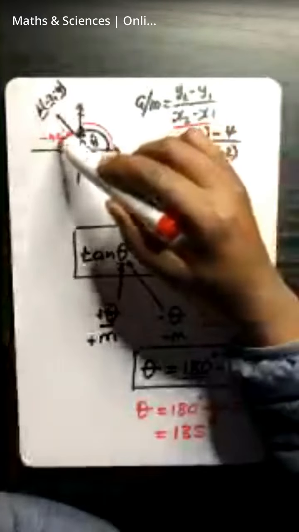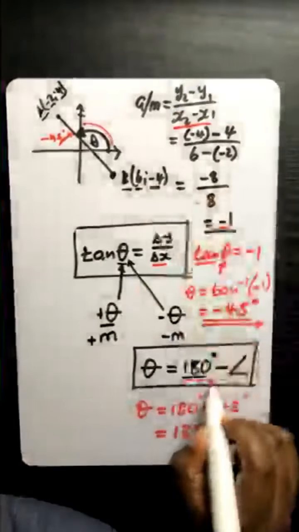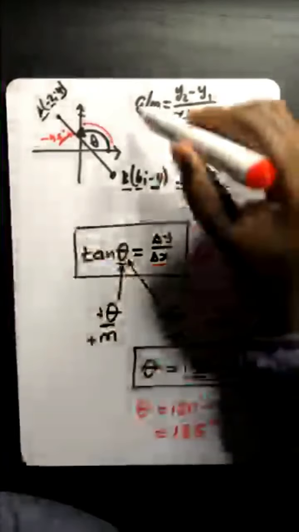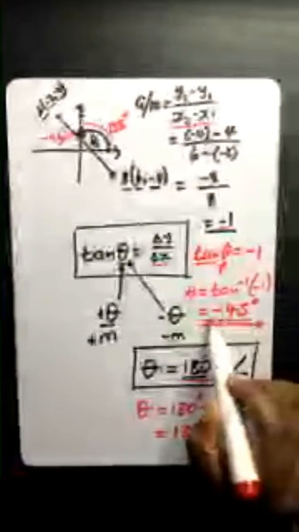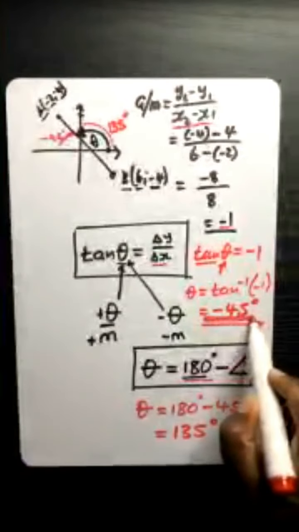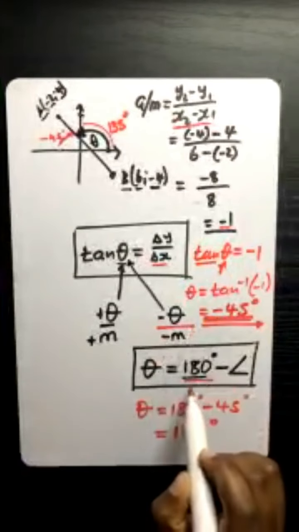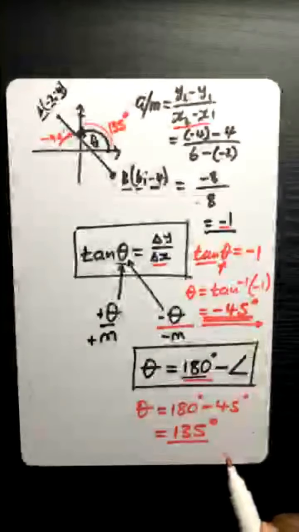135 degrees. So can you guys see that this angle is bigger than that one? So there's no way this can be 45. That is why we say 180 minus whatever angle that you got. So the angle theta is equal to 135 degrees. So where you have a negative gradient, you will always have a negative angle, of which you must say 180 minus that angle, and then you get a bigger number.